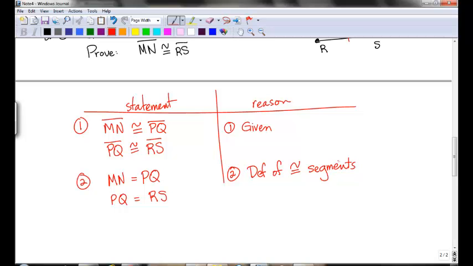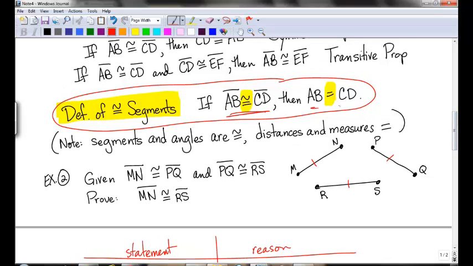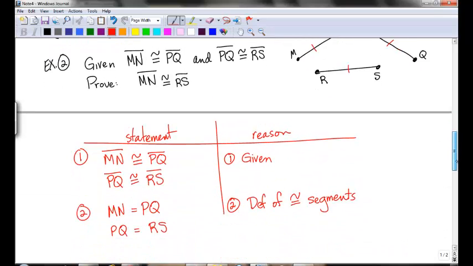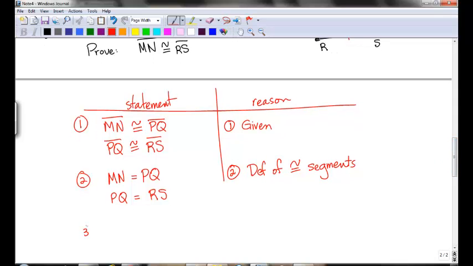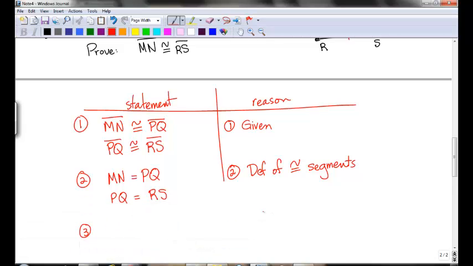Nope, these are measures. Okay? We're going to here, right? From this one to this one. So the lines are gone. Okay. Step 3. Look up here for a minute. MN, like A equals B, B equals C. What would I want down here?